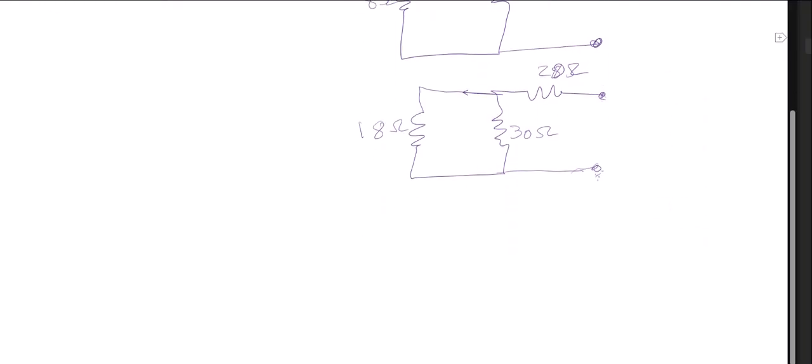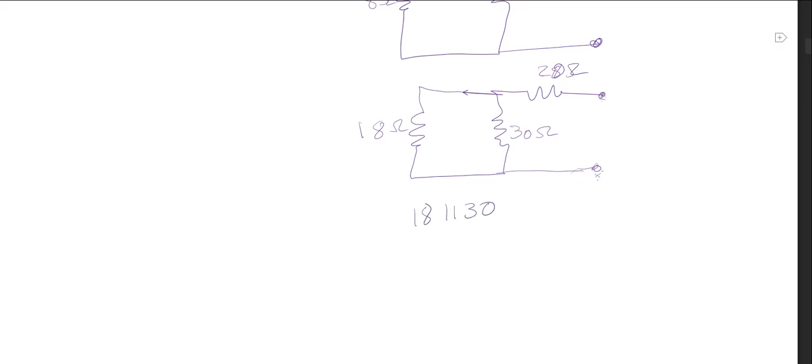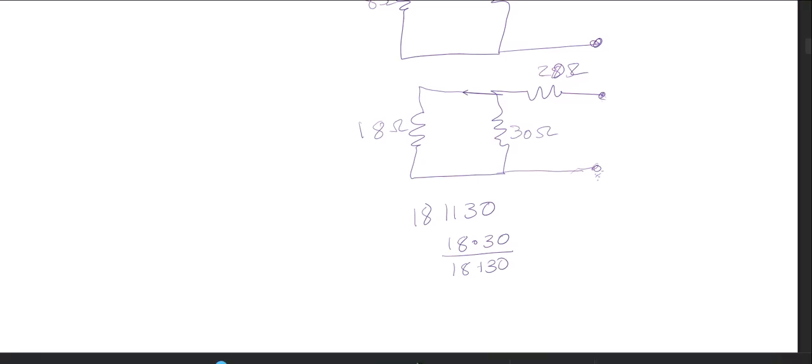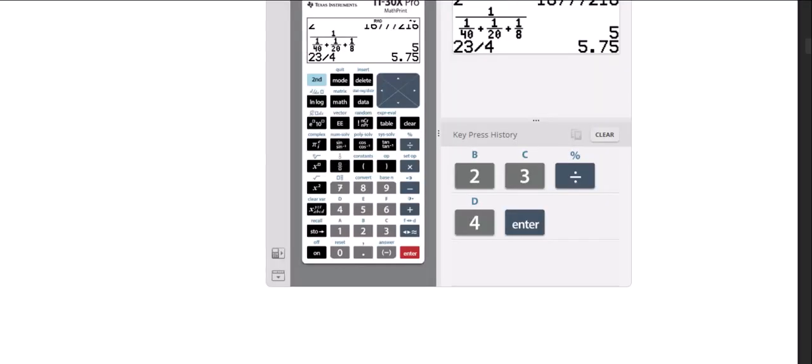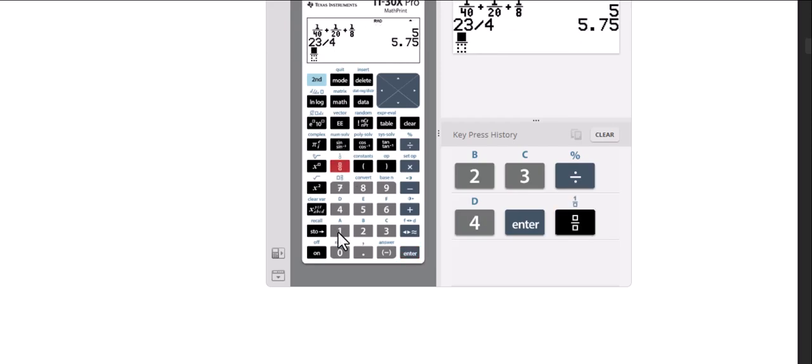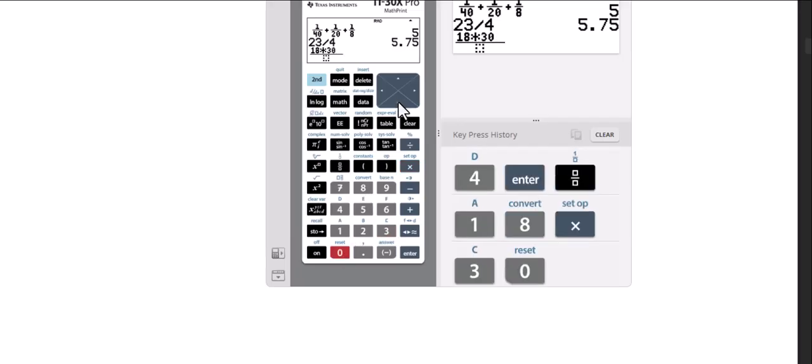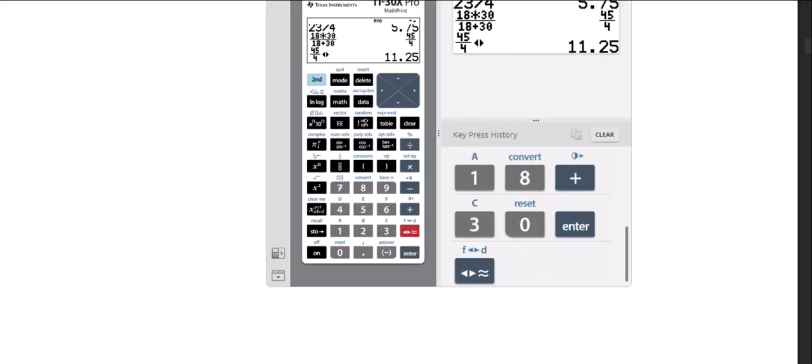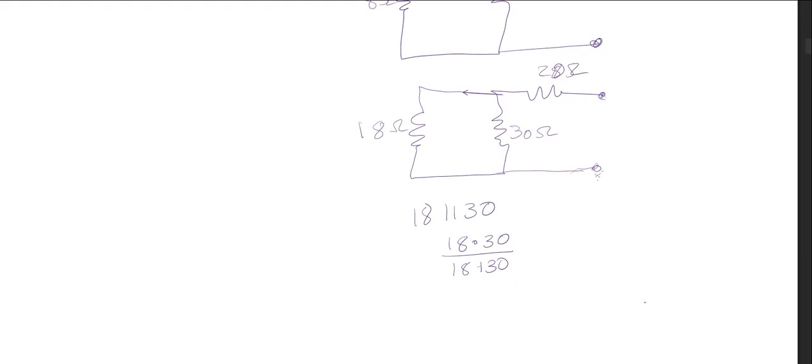And so the equivalent resistance of these two, 18 parallel with 30, is 18 times 30 over 18 plus 30, which is 11.25.